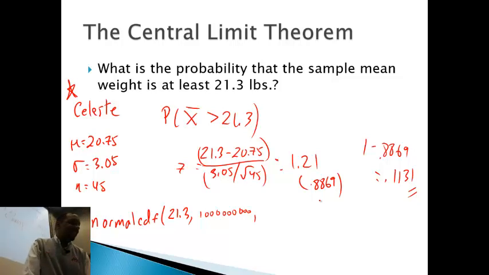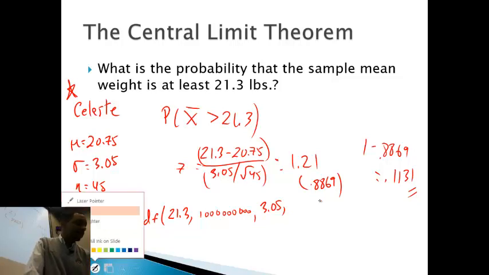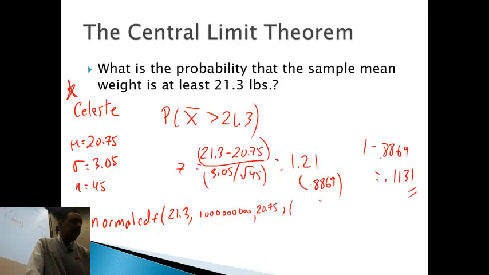Okay. So then there's that. And then 3.05. No, 20.75, excuse me. And then I like to put this all in one parentheses. So 3.05 divided by the square root of 45.